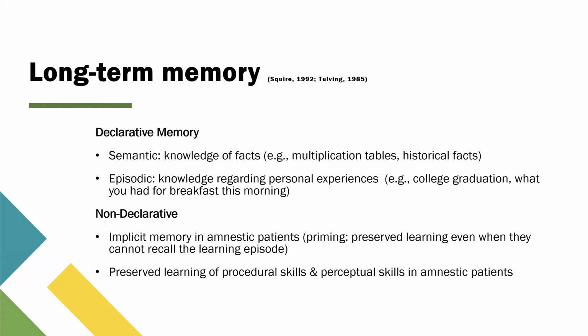That also falls with the preserved learning of procedural skills, perceptual skills in people without memory. So maybe they remember how to operate the tractor that they operated before their TBI, but maybe they couldn't recall the steps to tell you how to do it, but their brain is remembering those procedural skills to make those things happen.